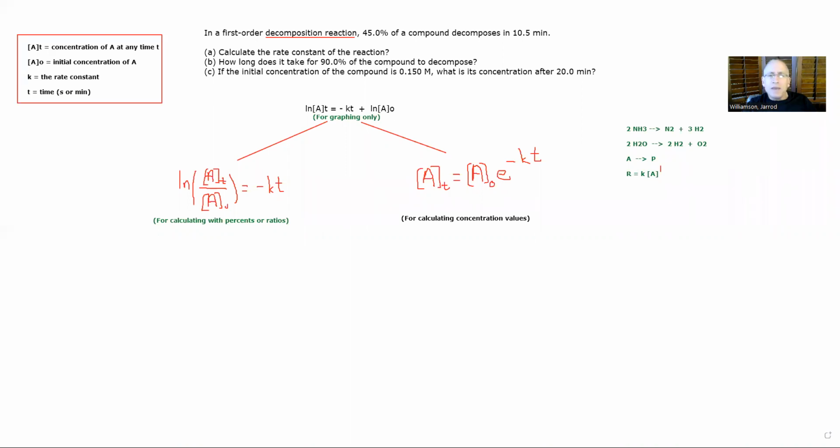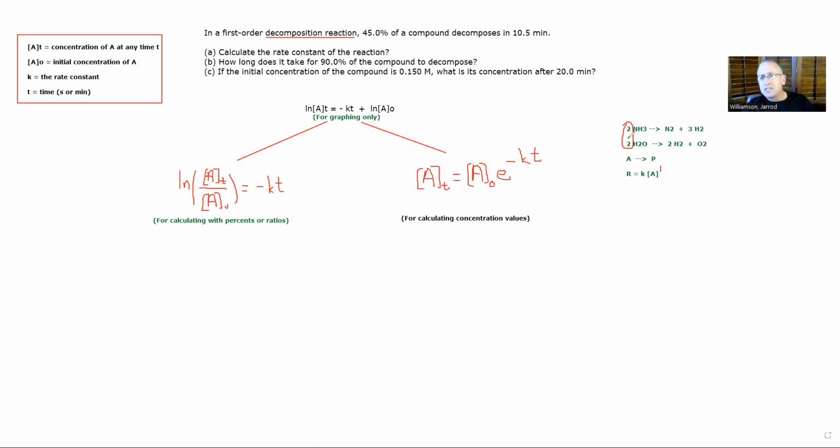We can write that in general as A decomposes into products. And we don't need to know for now, for this problem, what this coefficient is, because when we write the rate law, this exponent 1 is unrelated to this 2 here.